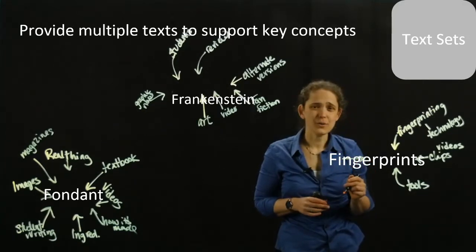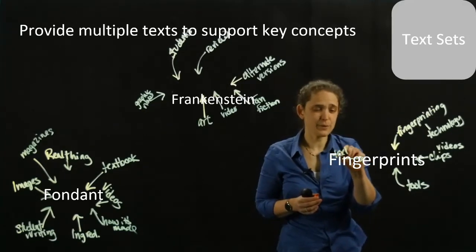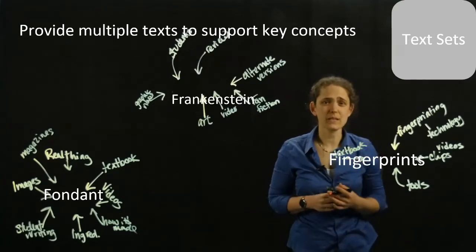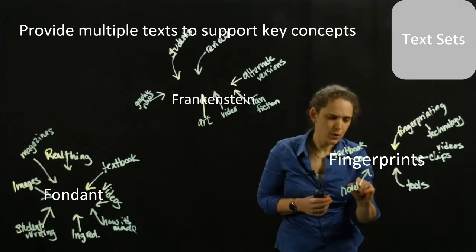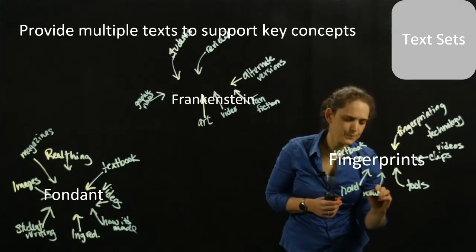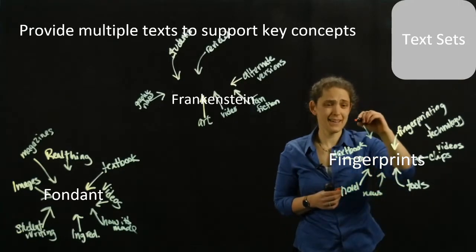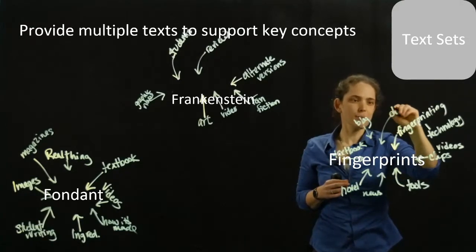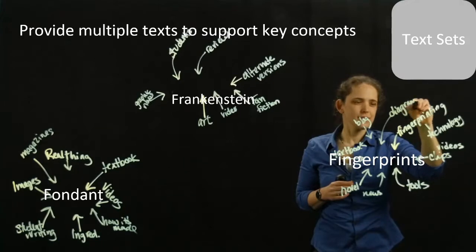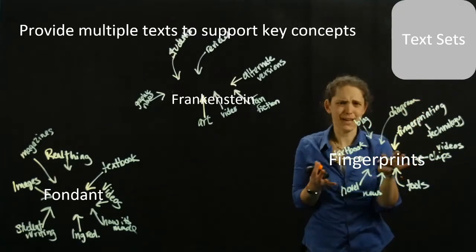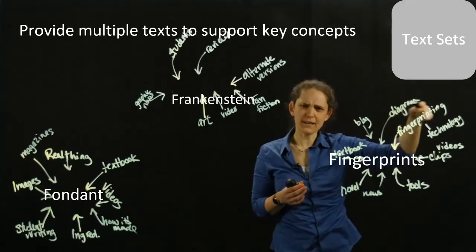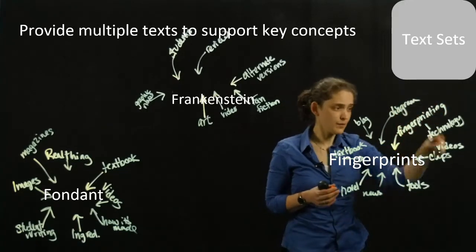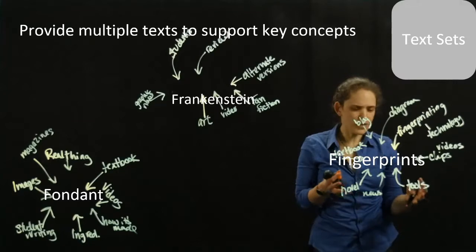And then you might show text from your textbook that is kind of explanatory, but you also might show text from a novel, or text from a newspaper, or text from an internet website or blog, or text from a diagram of a crime scene, so that students not only see what this concept of fingerprint is and how it's used, but also how people would be interacting with it in the field, in different fields, and all of the different things that this means.